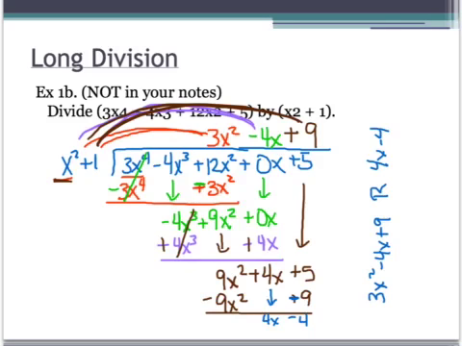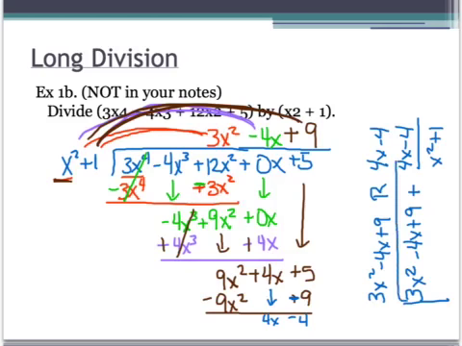Now I really don't want you to write your answers like that. We always did that in elementary school, but we're not in elementary school anymore. So you would write your final answer as 3x squared minus 4x plus 9 plus your remainder over your divisor. And that is the quotient.